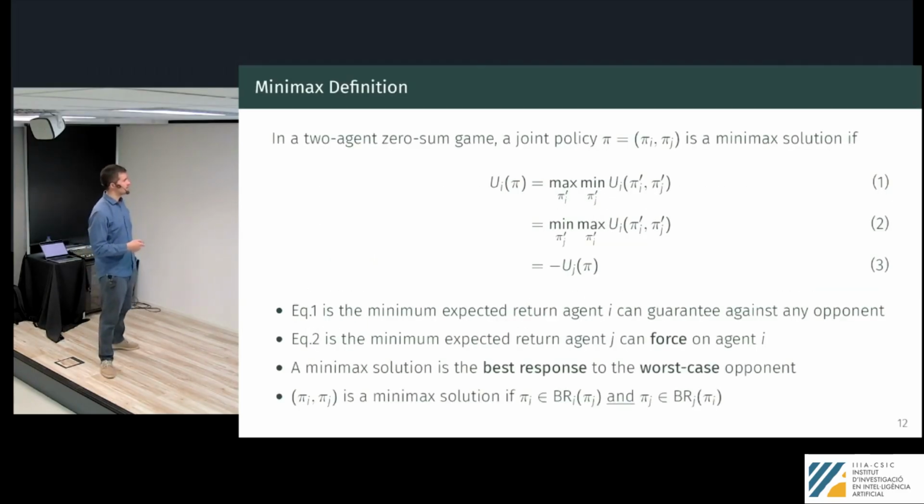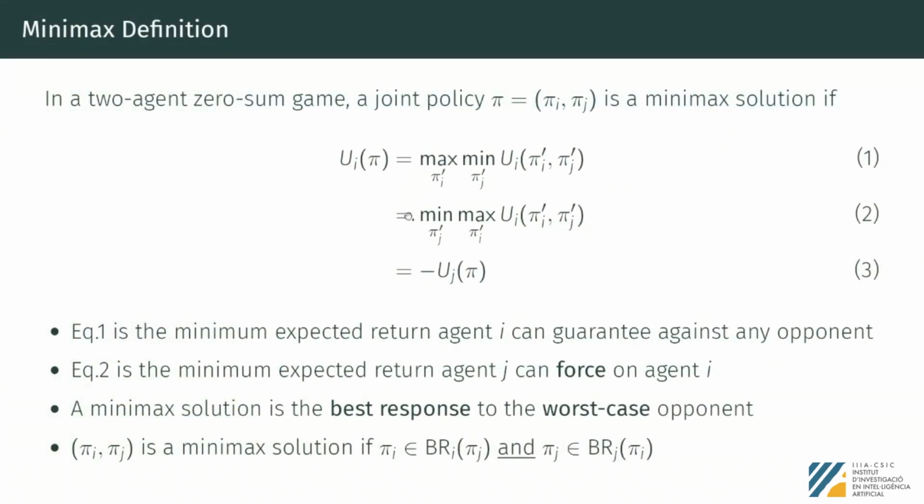Formally it looks like this. In a two-agent zero-sum game, a particular joint policy, which in this case is just two policies for agent I and J, is a Minimax solution if it satisfies this thing here. Okay, so what does it mean? It means equation 1 is the minimum expected return that agent I can guarantee against any opponent. So if we look at this, we take the maximum for agent I, the policy that maximizes the expected return for agent I, given an opponent policy for J that tries to minimize agent I's expected return.